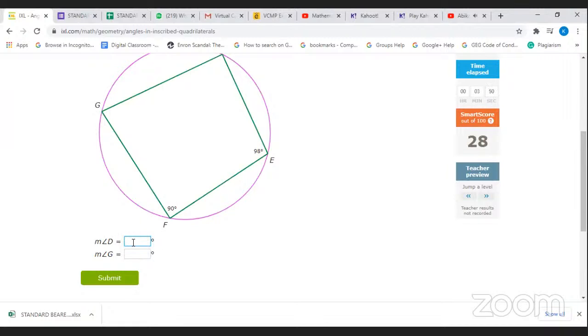It will still be 90. Hope you agree with me. Then G is opposite to E. What do I add to 98? So that would be what? 82. So my G is 82.